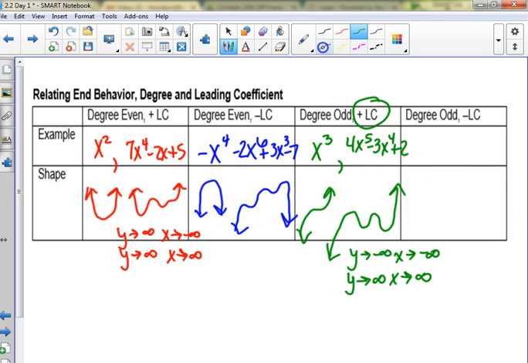And the last one, what happens to all these x to the fifth or x to the third plus 2x minus 4? What's going on? I'm supposed to have what kind of a leading coefficient though? A negative. So I could put a negative out here. I could put a negative 1/3 just to make life difficult.